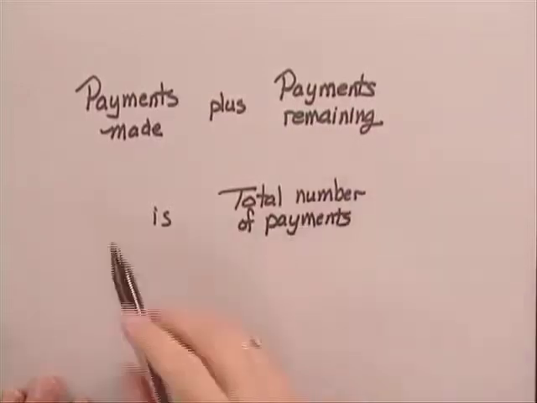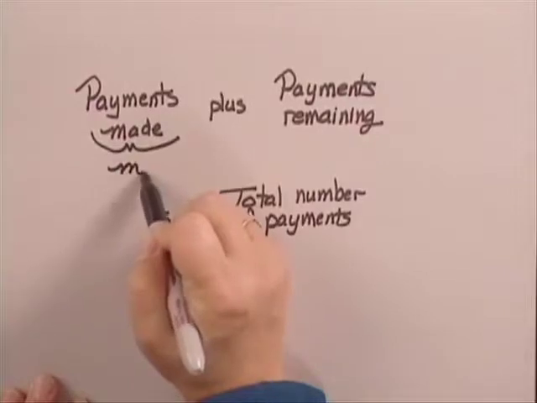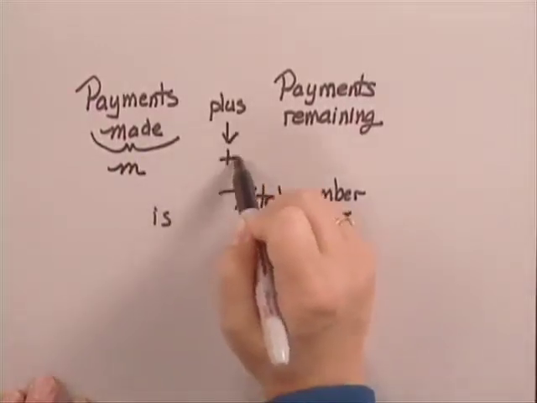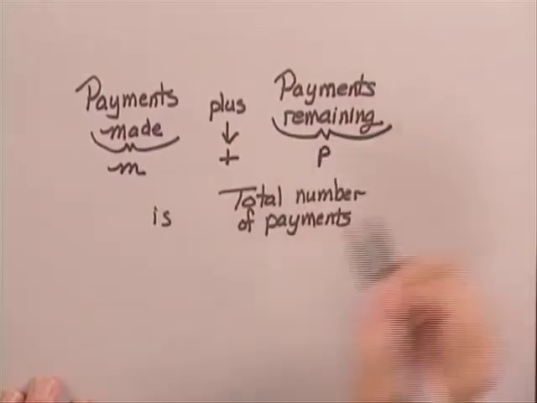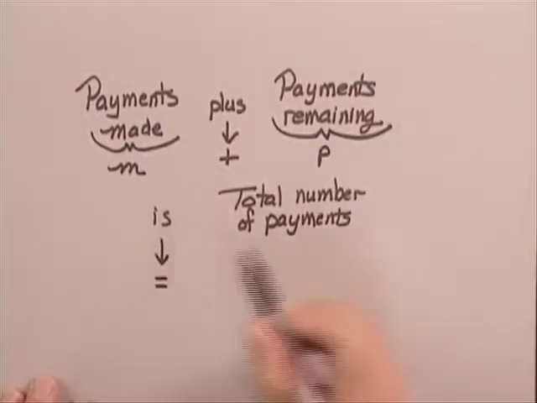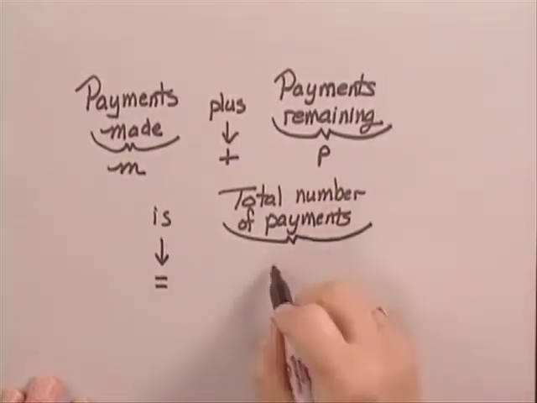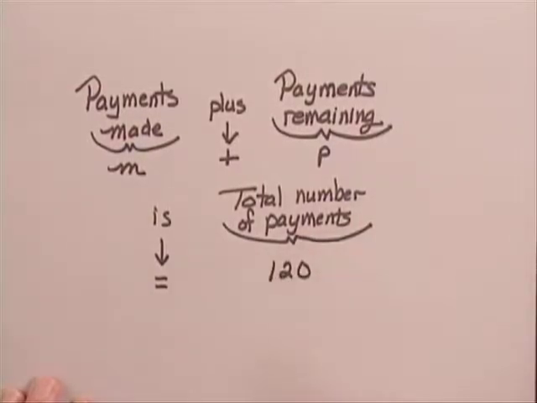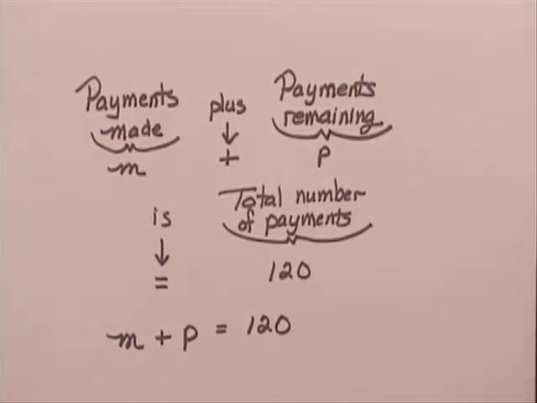And we know that the payments that were made already is the variable M that we defined, plus we defined the number of payments remaining as P, equals, and we found that the total number of payments, that 10 times 12, was 120. So for a second equation, we have M plus P equals 120.